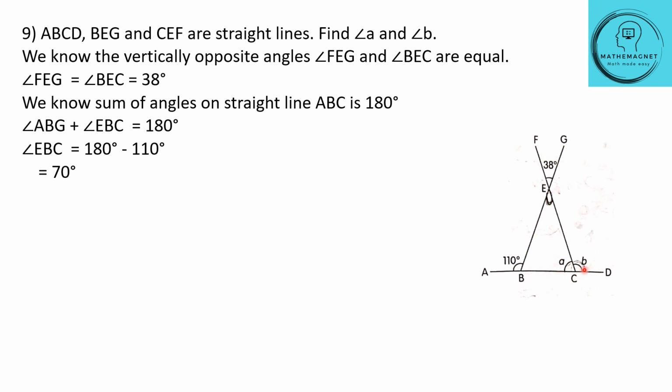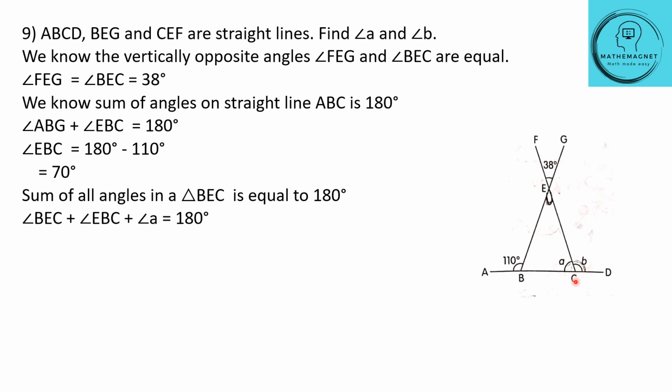We need to find the third angle, which is sum of all angles in triangle BEC is equal to 180 degrees. So BEC plus EBC plus angle A will be equal to 180 degrees. A will be 180 minus 38 minus 70, which is equal to 72 degrees. So one unknown angle is 72 degrees.